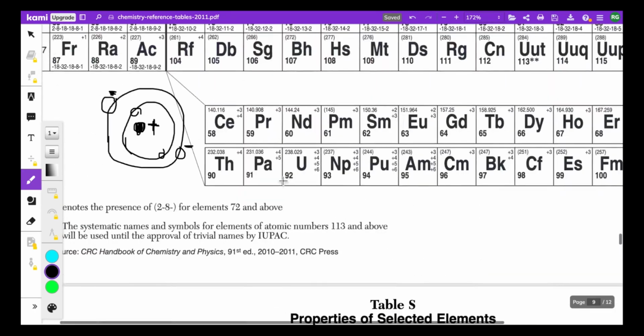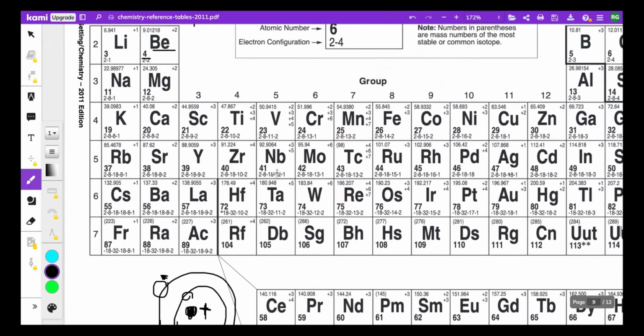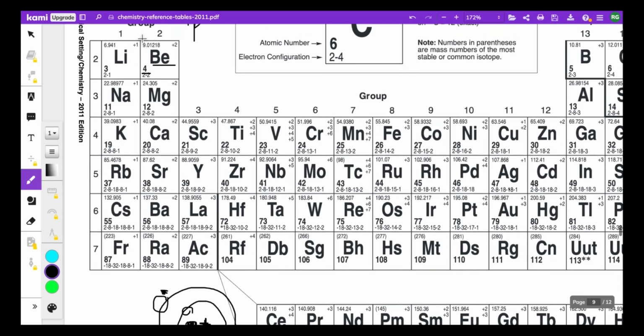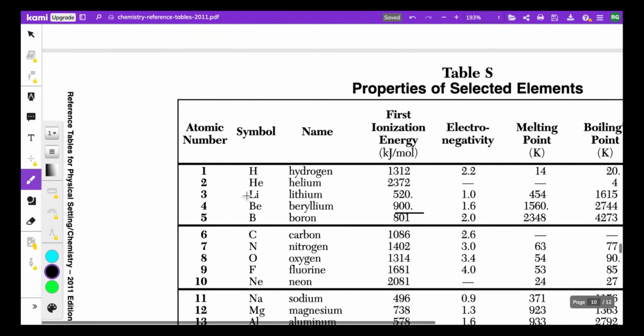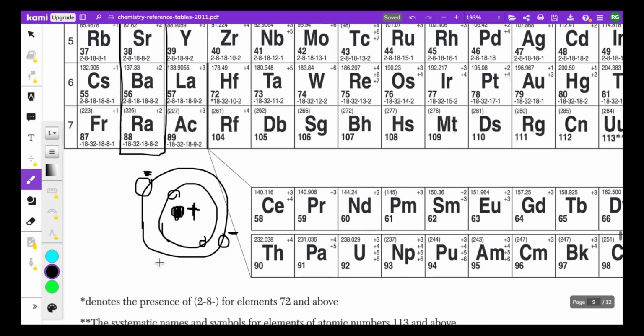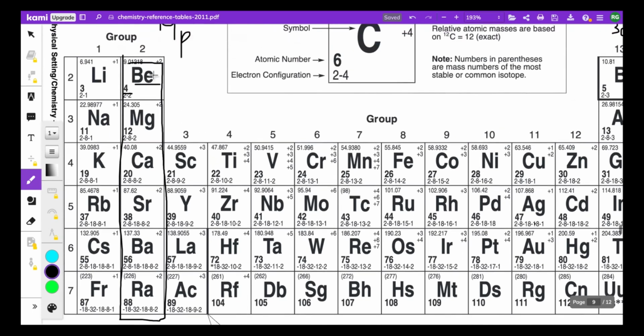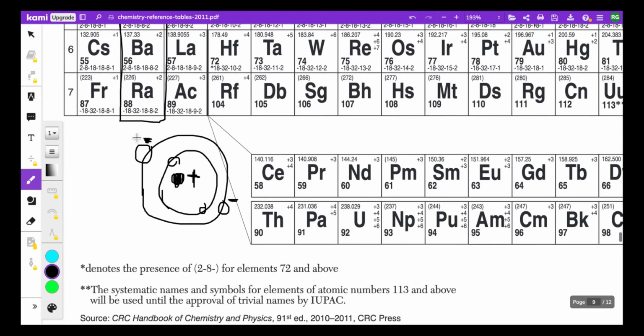Beryllium actually takes the most amount of energy to remove the electron. It has the highest ionization energy in this group because the electrons are so close to this positive charge, they're so attracted to it, that it's going to take a lot of energy to remove an electron.